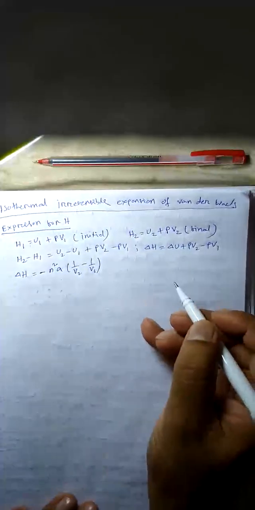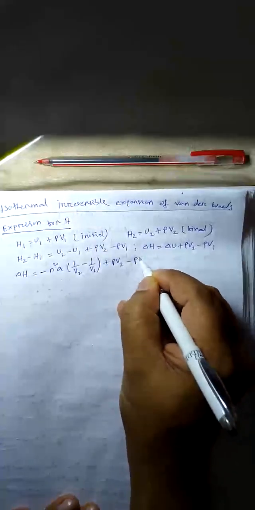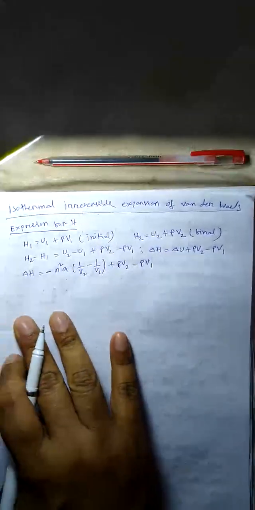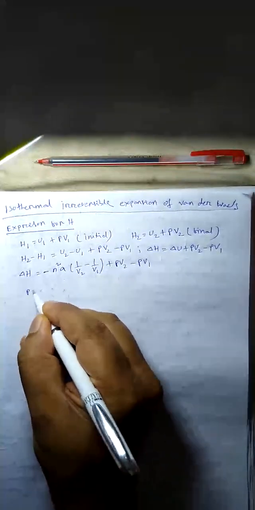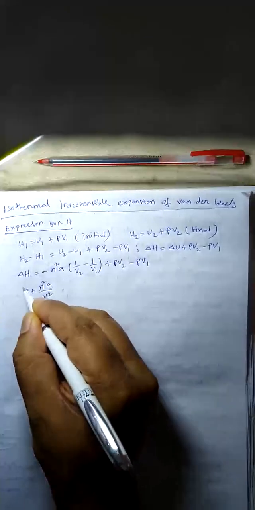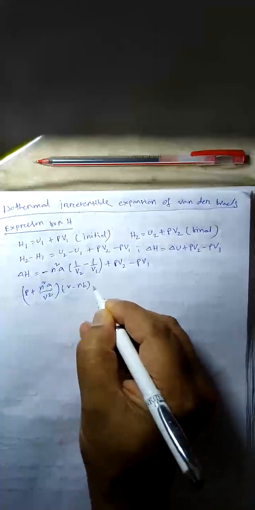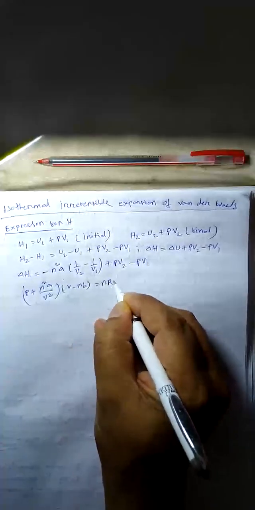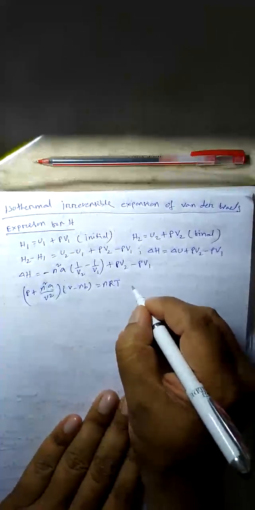Then plus PV2 minus PV1. Then we have to find P from the van der Waals equation: P plus n squared a by V squared, whole times V minus nb, is equal to nRT. This is the van der Waals equation.